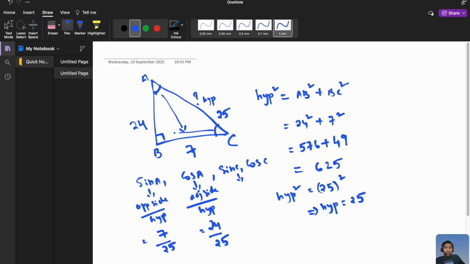What is the opposite side of C? It is 24. So 24 by 25. What is cos C? Adjacent side. Adjacent of C is 7. So 7 by 25. So this is how you solve sin A, cos A, sin C and cos C.